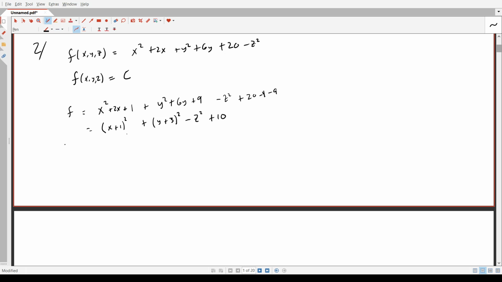Okay, so if I set f of x, y, z equal to c, then I have x plus 1 squared plus y plus 3 squared minus z squared equals c minus 10.